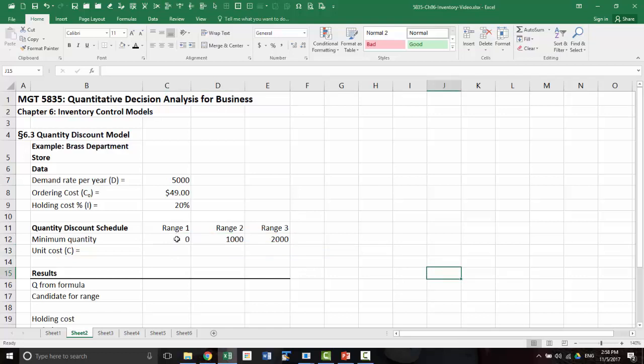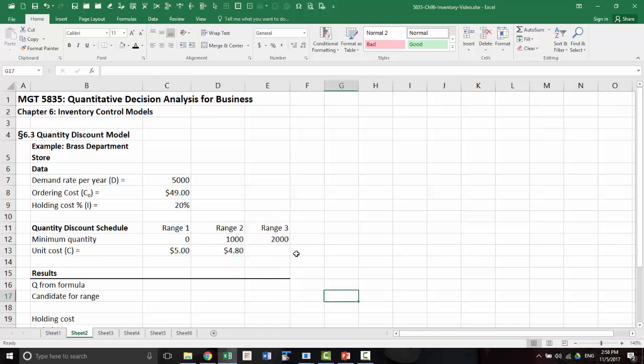The minimum is 0, then our unit cost is going to be $5. But once you hit 1000, if the minimum quantity is 1000, then the cost will be $4.80.